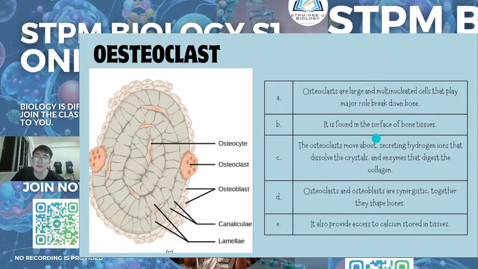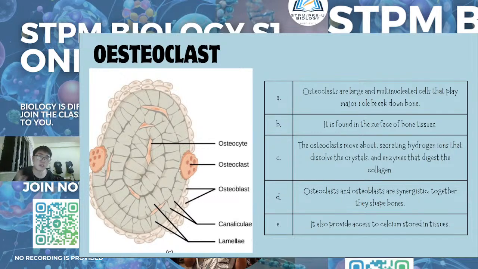So what does this mean? It means that when the osteoclast moves about, it will secrete hydrogen ions that dissolve the crystal and enzymes that digest the collagen. You know that our osteoblast can secrete collagen fiber to make the bone harder.